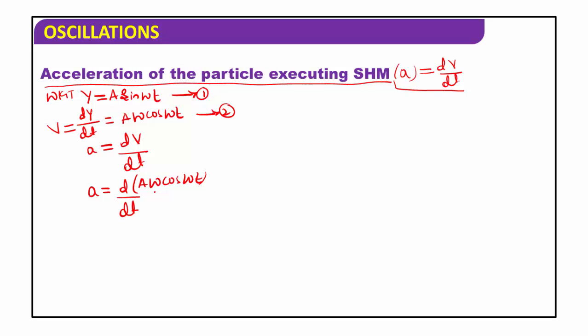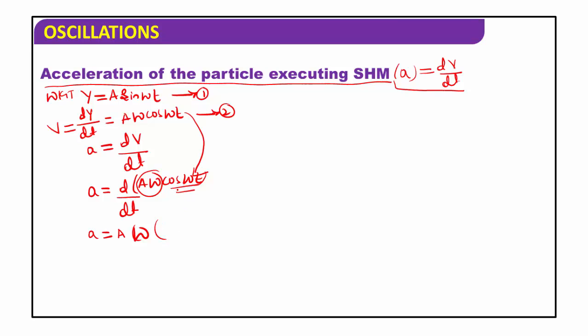Here we differentiate the velocity of the particle executing simple harmonic motion. Taking a omega outside, we get a omega cos omega t.